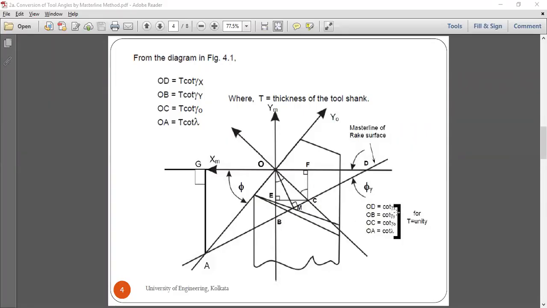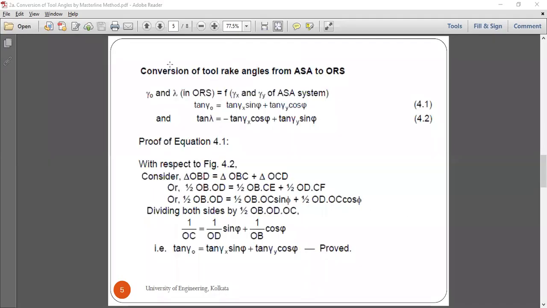So here we can consider T as unity. If we consider T equals 1, we can write OD equals cot gamma x, OB equals cot gamma y, OC equals cot gamma naught, and OA equals cot lambda, for simplifying the problem. Now let us move ahead. We are doing the conversion of the two angles from ASA to ORS.